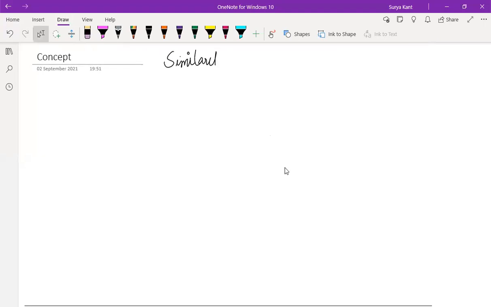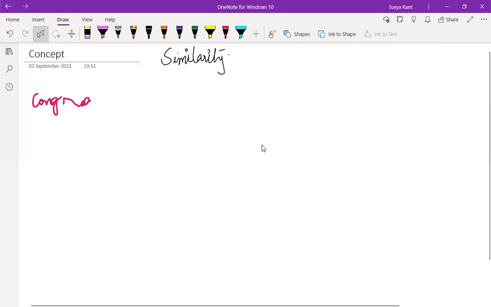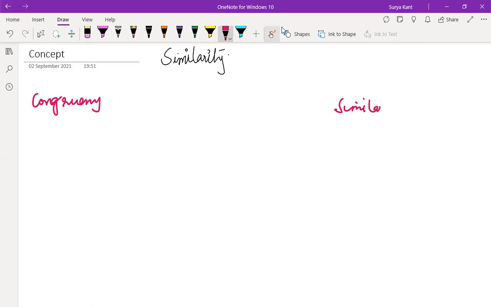Do you know what is the difference between congruence and similarity, children? Congruency and similarity. Anybody tell me what is the difference between these two?